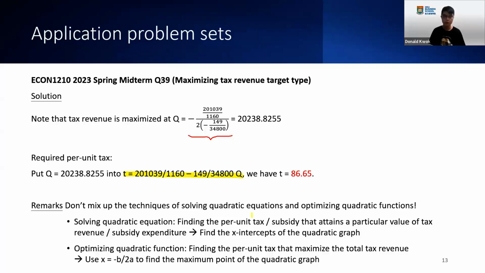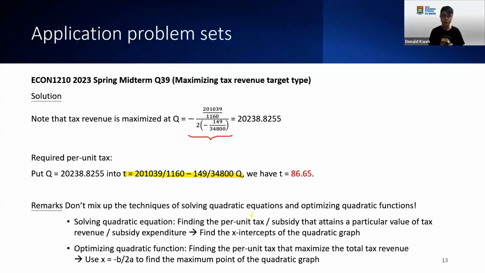So to conclude, I have some remarks to highlight. You need to make sure you understand when you are solving a quadratic equation and when you are trying to optimize a quadratic function. If the question asks something like, what will be the per unit tax that generates a certain amount of tax revenue, then you're actually solving a quadratic equation.